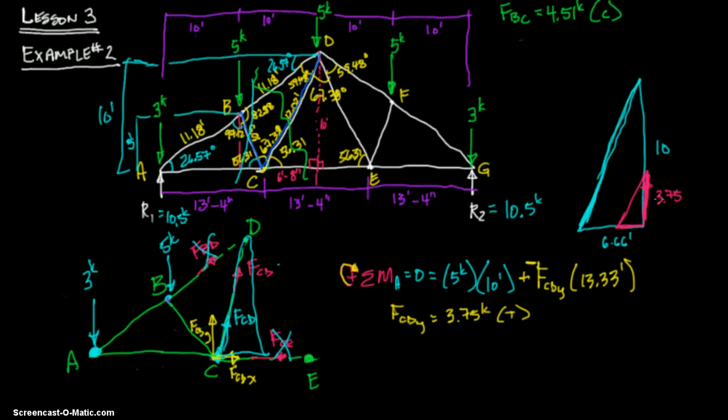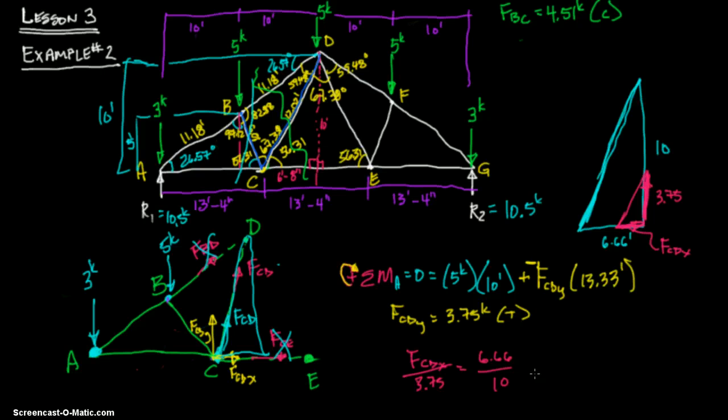All right, so anyways, where were we at? Here's our other one, and this is going to be FCDX. So let's put FCDX on the top: FCDX over 3.75 equals 6.66 over 10.